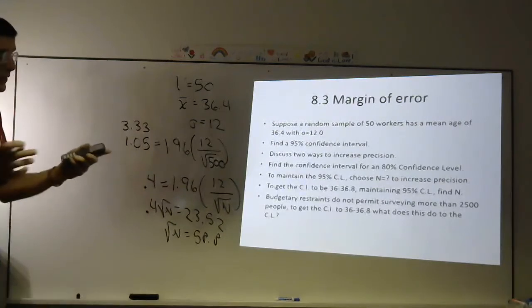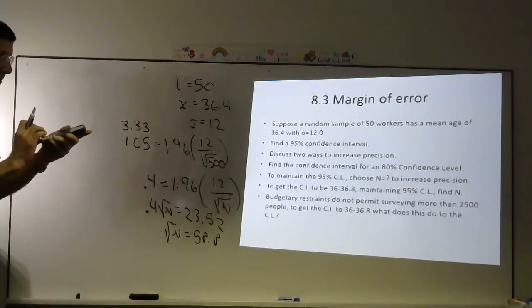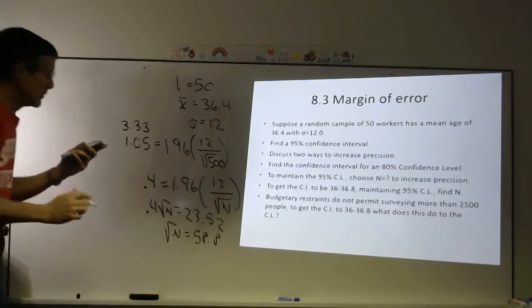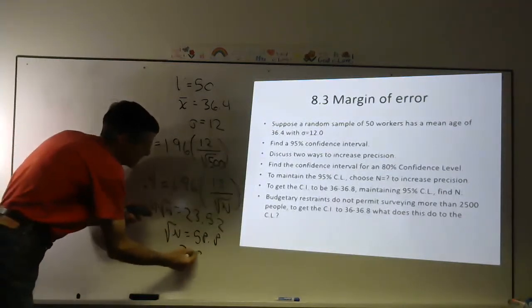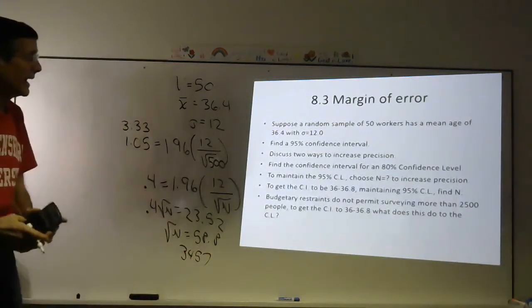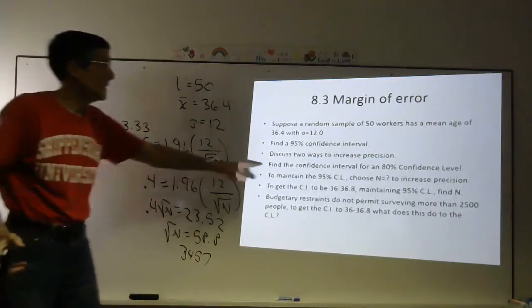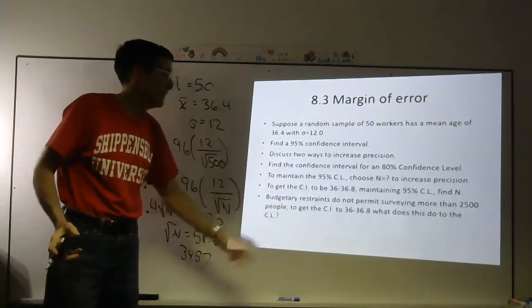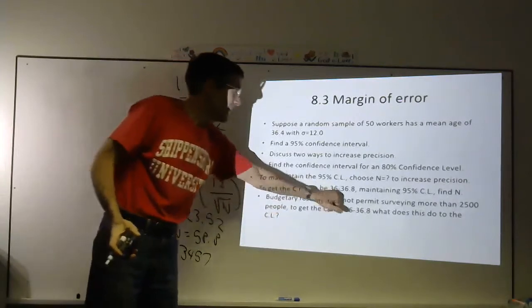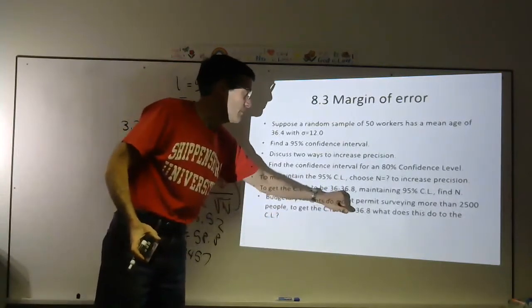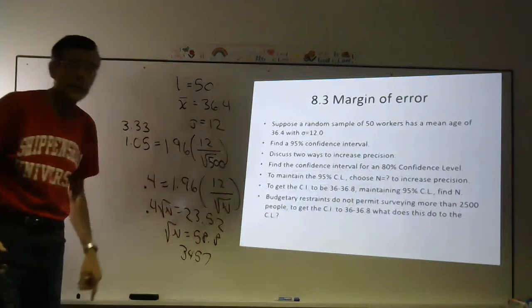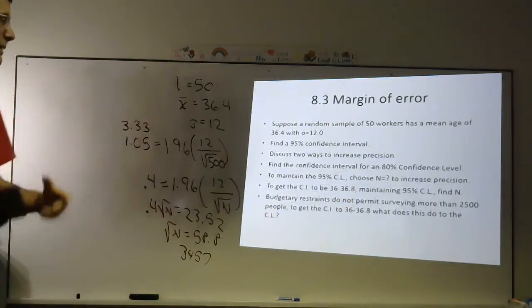And to get rid of a root, you've got to square that guy. And I get 3,457. Yeah. You can maintain 95% confidence. You can get it down to that super precise, but look how many people you're going to have to survey, okay?